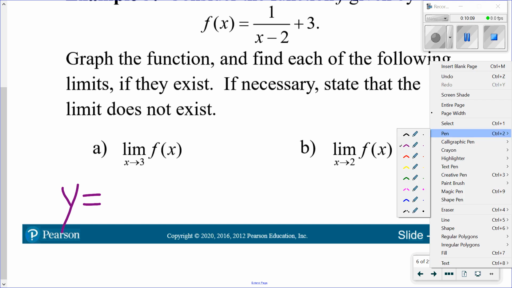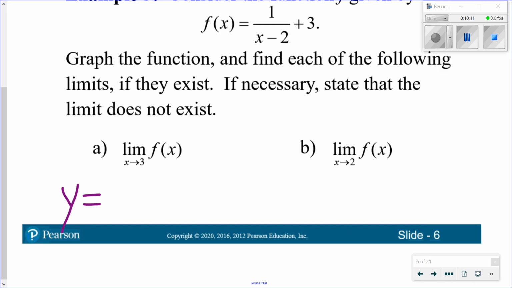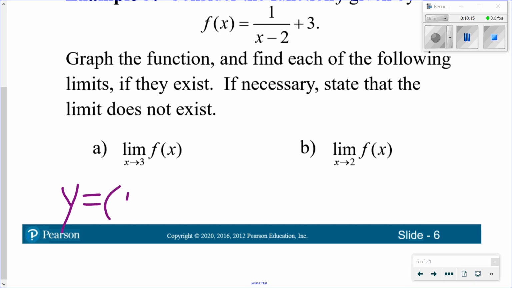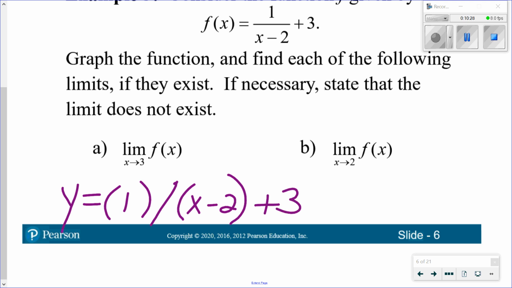So we're going to have y equals parentheses 1, close your parenthesis, hit that division symbol, which will give you the slash, open parentheses again, x minus 2, close your parentheses, and then plus 3. That's what's going to go in your y equals. And again, you want to use your table to find those values. Now, we just had our table, so let's see what that gives us.